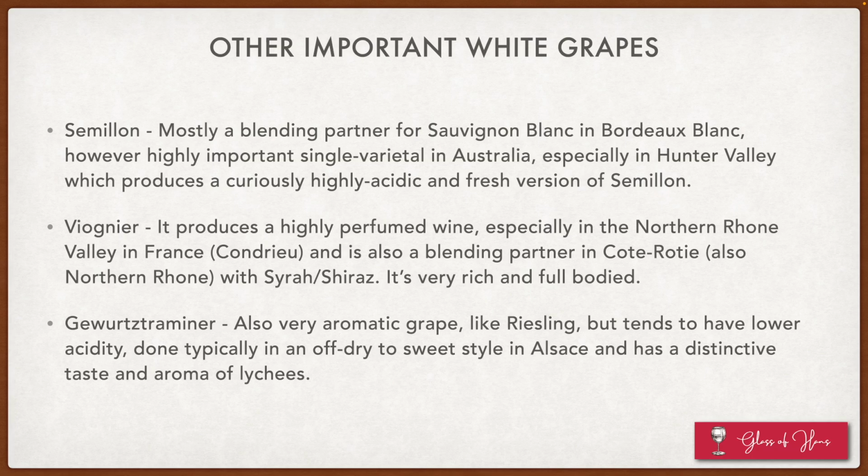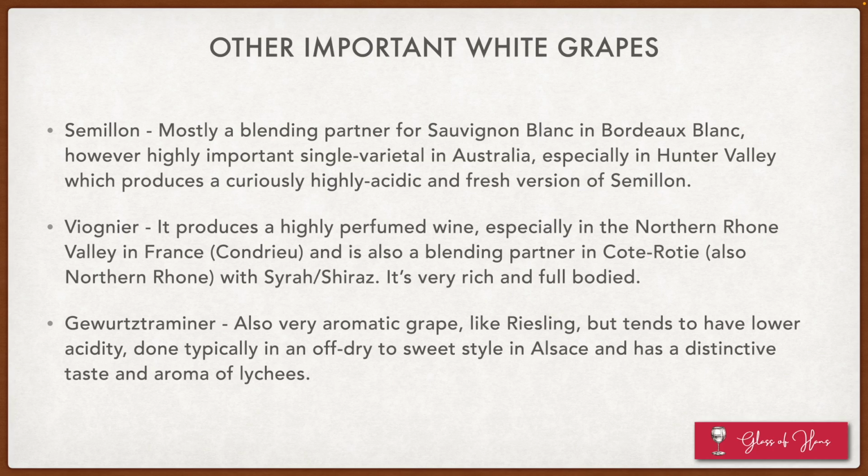And it's famously a blending partner in Côte Rôtie, although it may be technically wrong to call it a blending partner, as what they technically do is co-fermentation. But I don't think the exam asks you to draw the line between those two distinctions.